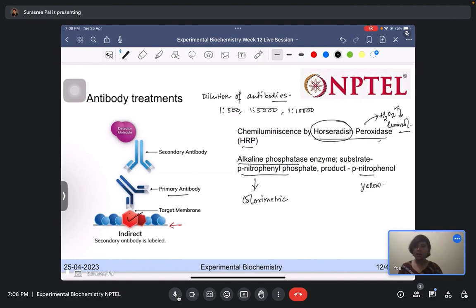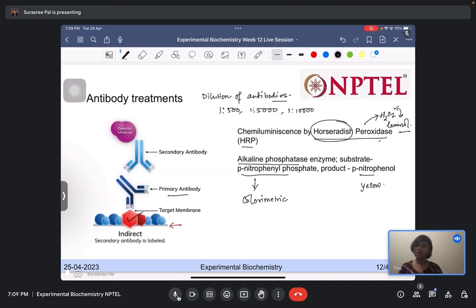And here we might often see in the blots that we do not see any signal, we do not see any bands. This absence of bands can be due to many reasons. One reason can obviously be that the protein is not present.